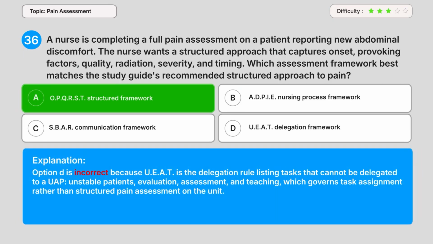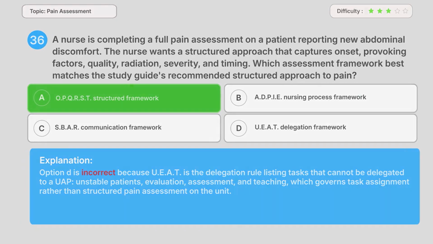Option D is incorrect, because UEAT is the delegation rule listing tasks that cannot be delegated to a UAP: unstable patients, evaluation, assessment, and teaching, which governs task assignment rather than structured pain assessment on the unit.